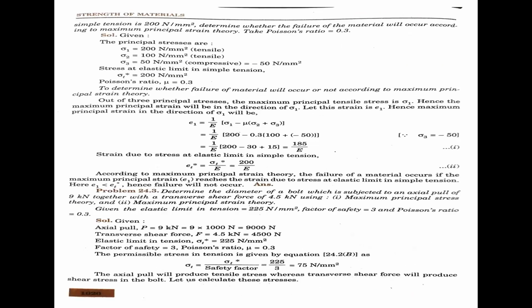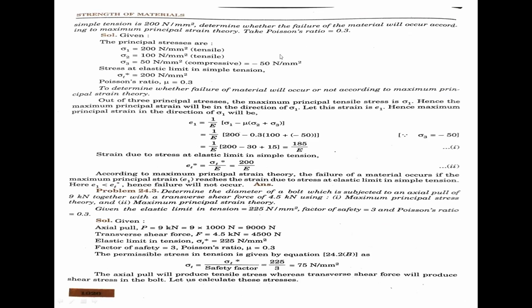Now we are taking example problem 24.4, for the data given in problem 24.2. You know the data from last class, the same data for problem 24.2. I will go through the problem. This is the data: sigma 1 equal to 200 Newton per mm square tensile, sigma 2 equal to 100 Newton per mm square tensile, sigma 3 equal to 50 Newton per mm square compressive, so that is my negative indication.